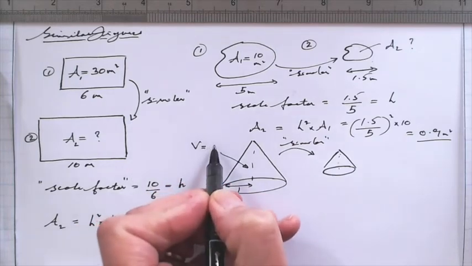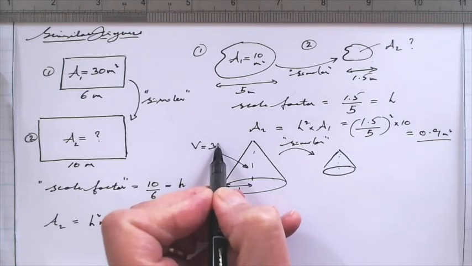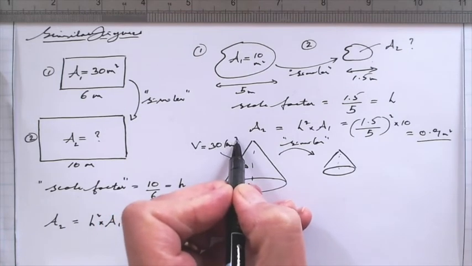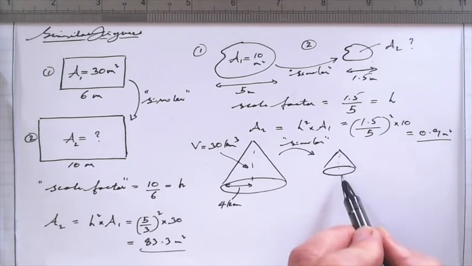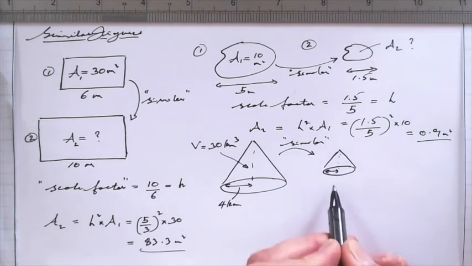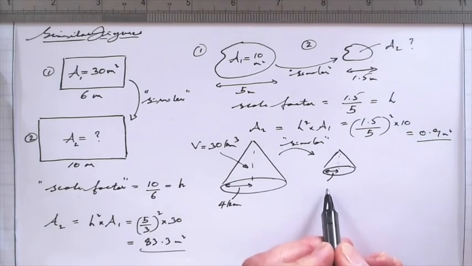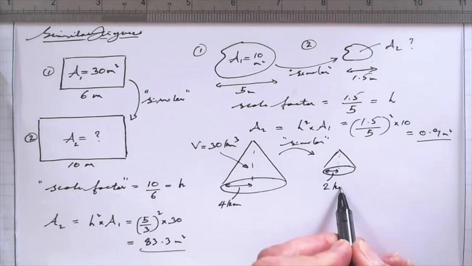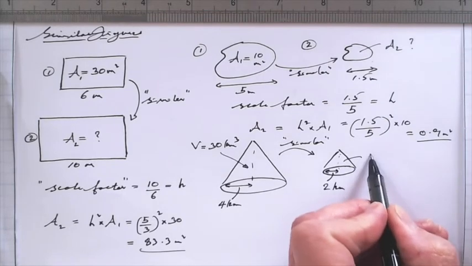Let's say it's 30 kilometers cubed. Okay, and all we're told about this smaller cone is that it has a radius of, let's say, 2 kilometers, and we have to calculate the volume.